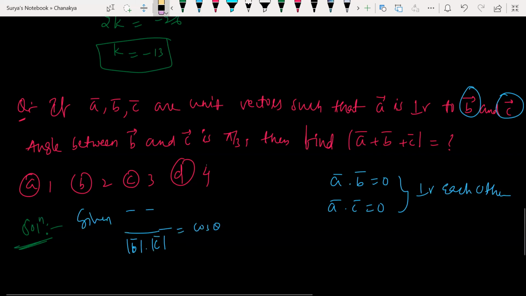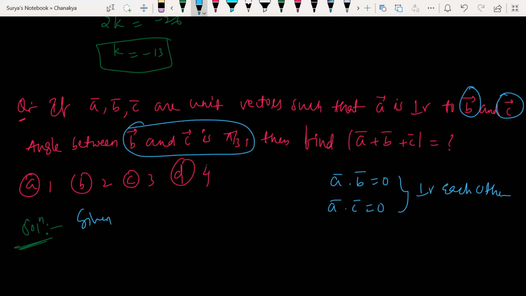Angle between B and C is given, which is nothing but B dot C is magnitude of B, magnitude of C, cos theta. So cos theta is equal to B dot C upon magnitude of B, magnitude of C. Okay, solve it.